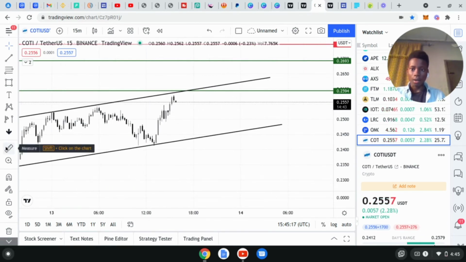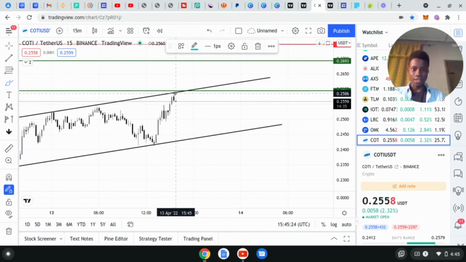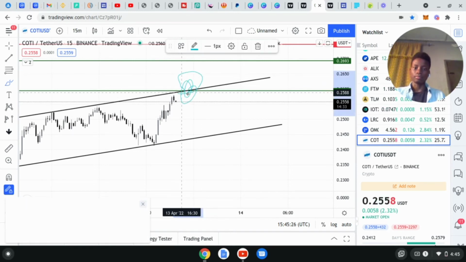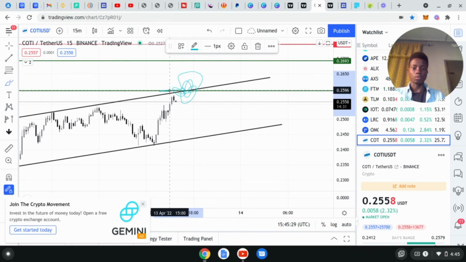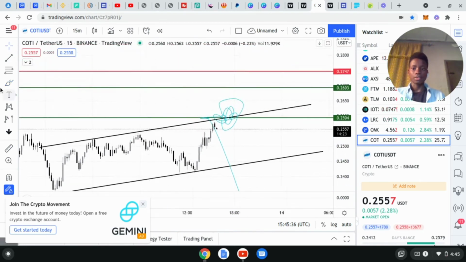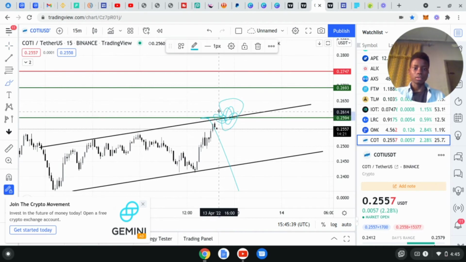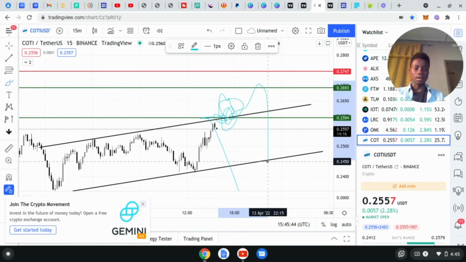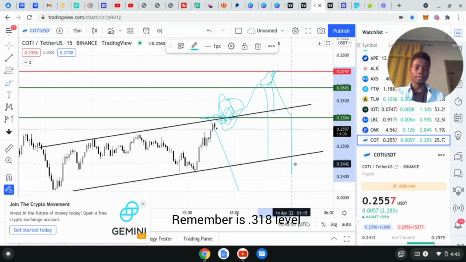Either price rejects from here, which is our resistance zone and also matches with our point of control, then we'll short, or price can still do something like this: enter inside the zone, maybe consolidate and probably short, or it could enter the zone, break this zone, touch this 3.8 level and come down.